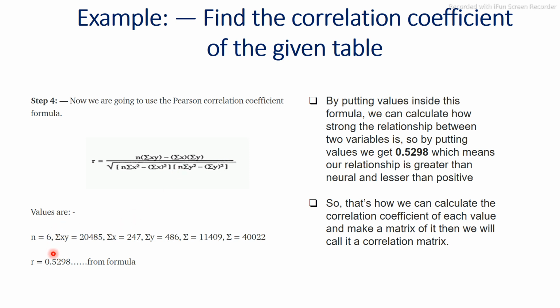When you put all these in the formula, the glucose and age have a correlation coefficient of 0.52. It means the age and glucose level are highly correlated. But you can't say that age is the reason for glucose level. That is the causation part. But at least you can say there is some correlation.